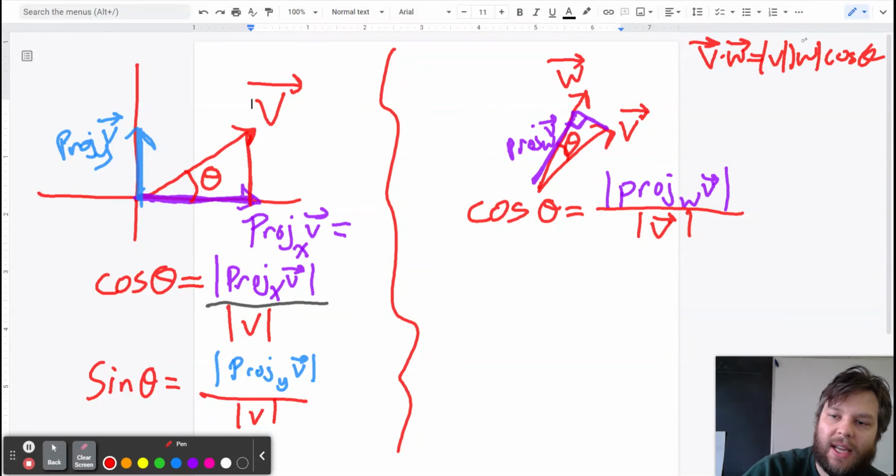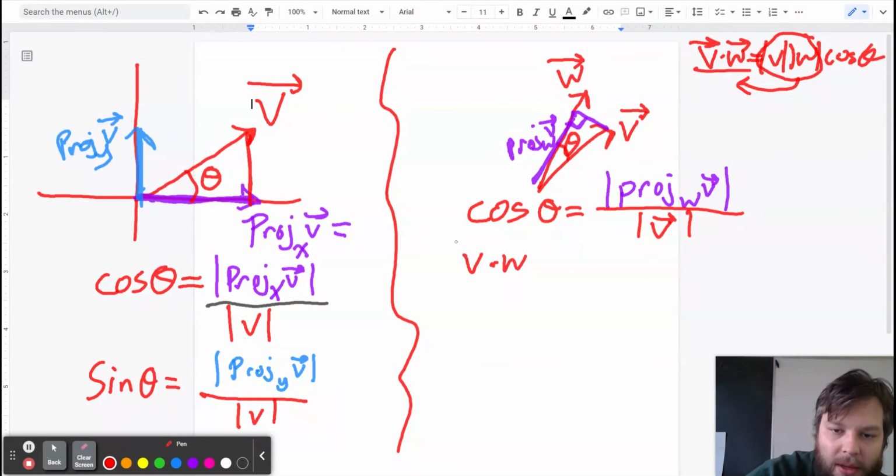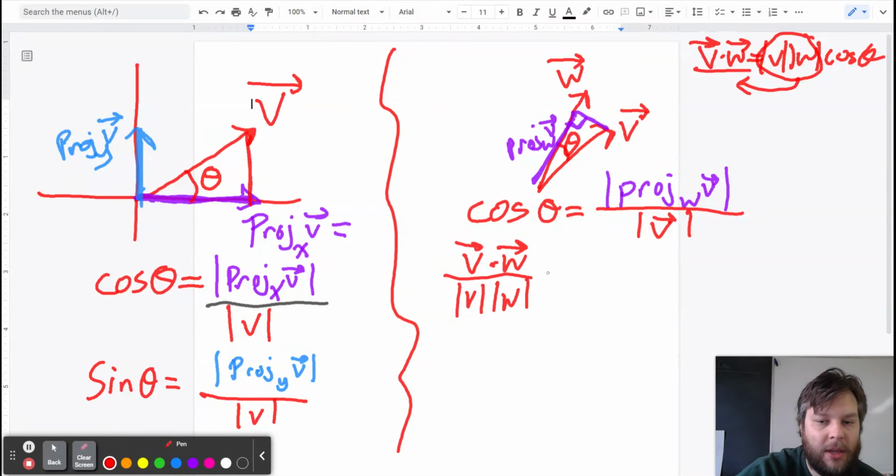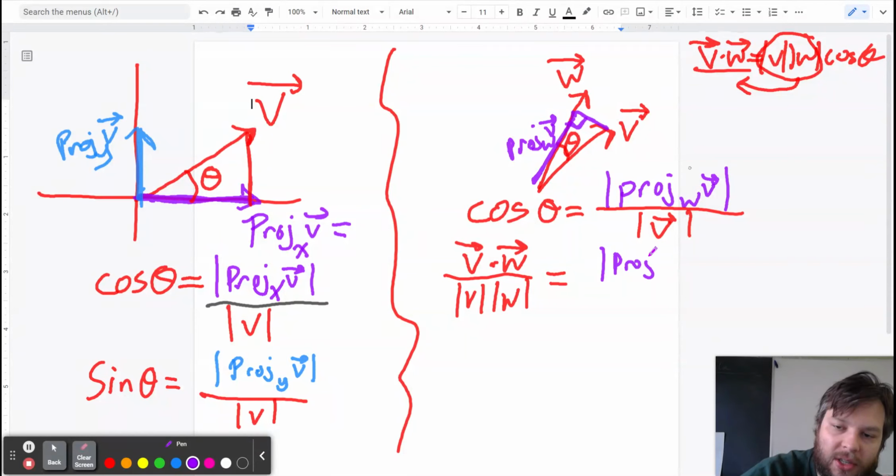So that means that I can bring these guys on the denominator and substitute that for cosine theta. So what I have is v dot w over magnitude v, magnitude w is equal to the magnitude of the projection divided by the magnitude of v.